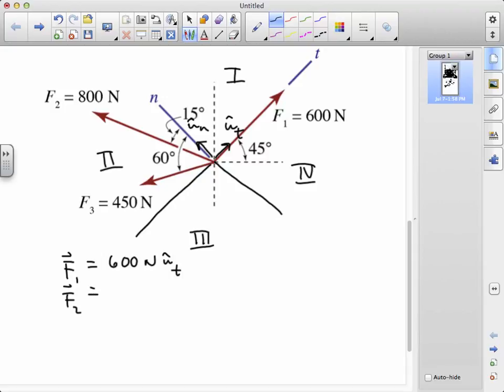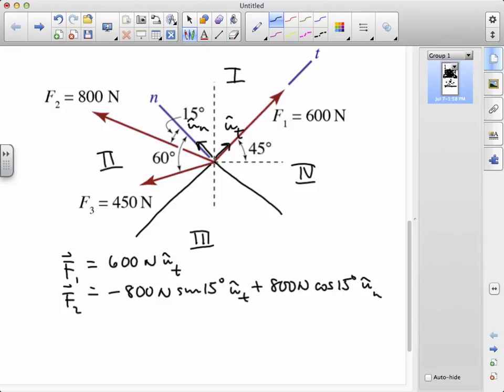For F2 and F3, we have angles defined off the positive normal axis, so we'll use the sines of those angles to get information about the tangent components and the cosines to get information about the normal components. We're going to have now minus, for F2, minus 800 newtons sine of 15 degrees in the tangent direction, and plus 800 newtons cosine of 15 degrees in the normal direction.